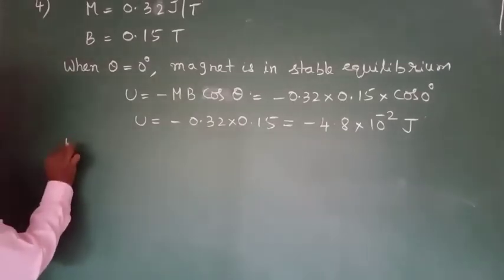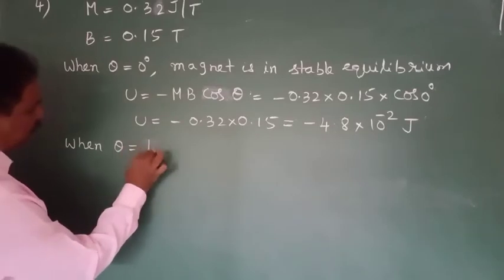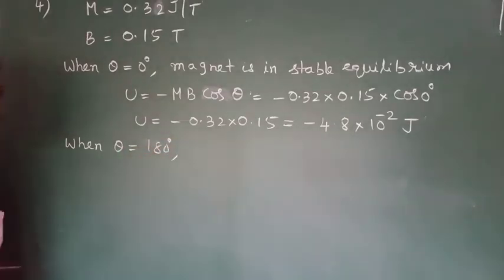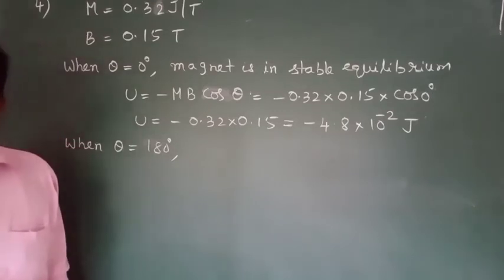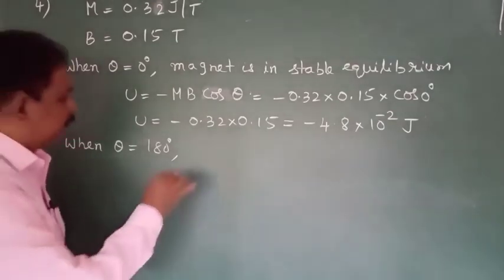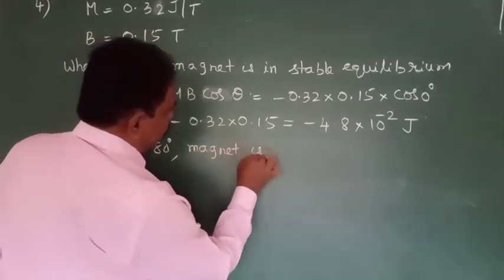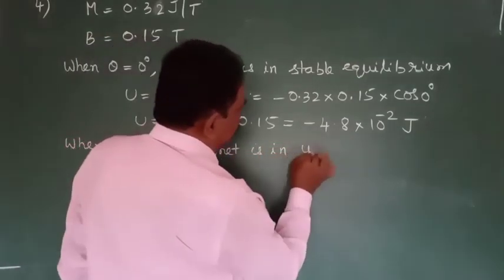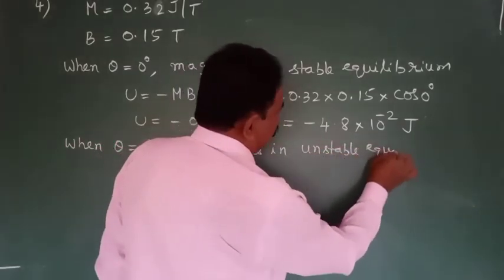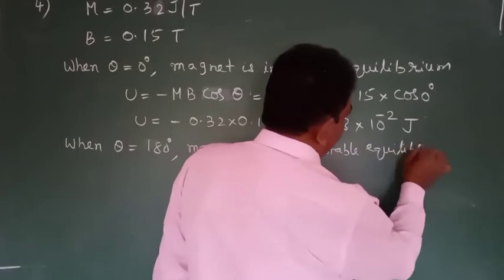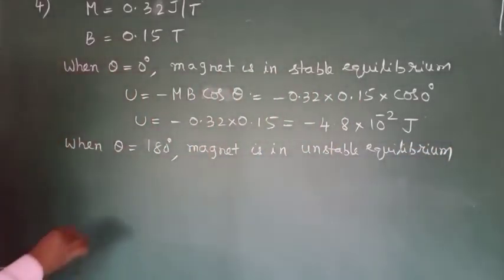Next, when theta is equal to 180 degrees, the angle between magnetic moment and magnetic induction is 180 degrees. The magnet is in unstable equilibrium. For unstable equilibrium, the theta value will be equal to 180 degrees.